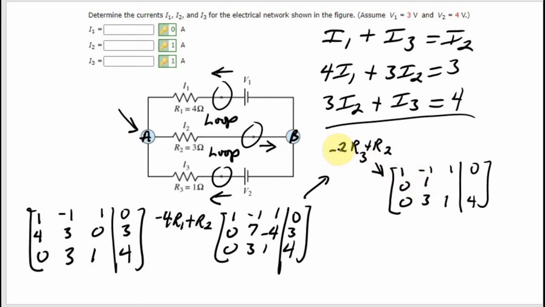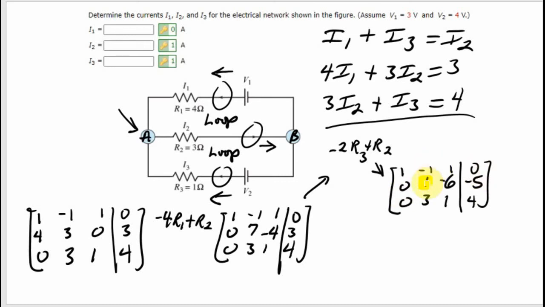We get negative 2 times 1 is negative 2, plus negative 2 minus 4 is negative 6. And then here we get negative 8 plus 3, negative 5.